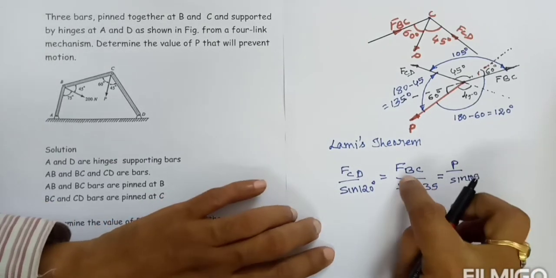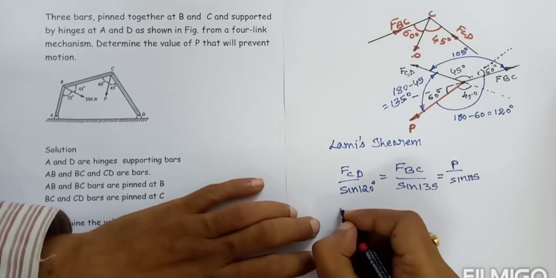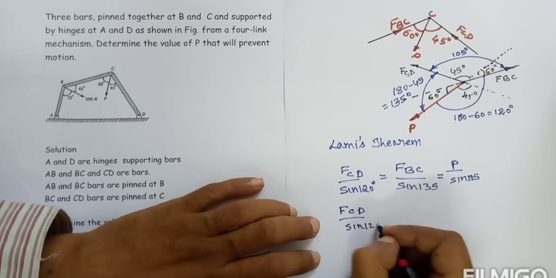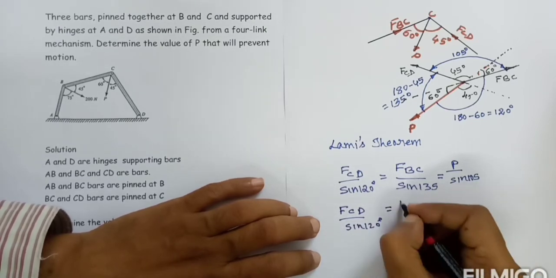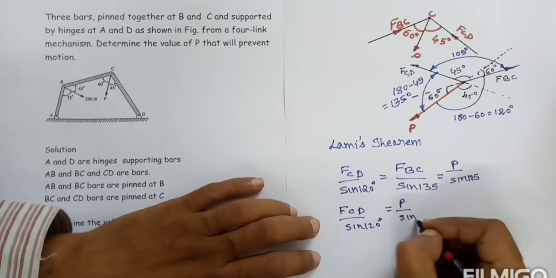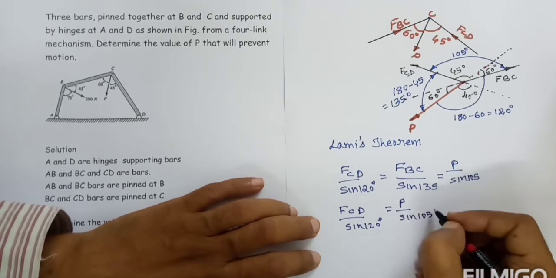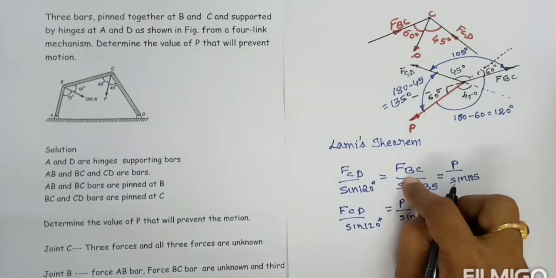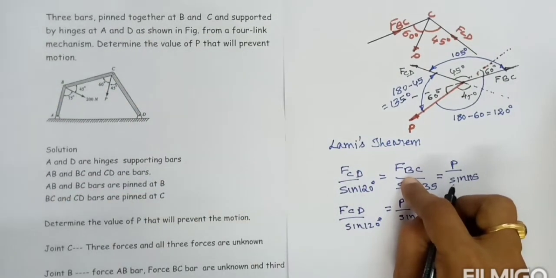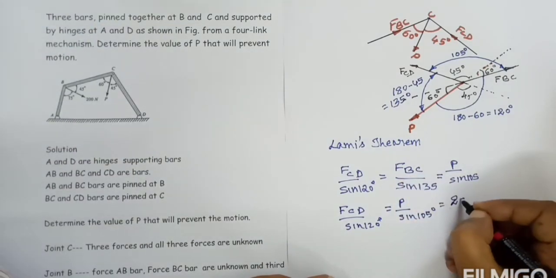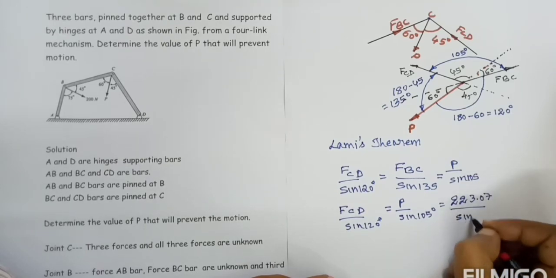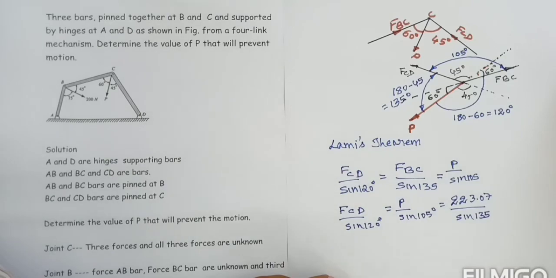Here the known value is FBC, which was calculated earlier, 223.07. So FCD by sin 120 degrees is equal to P by sin 105 degrees is equal to 223.07 by sin 135.